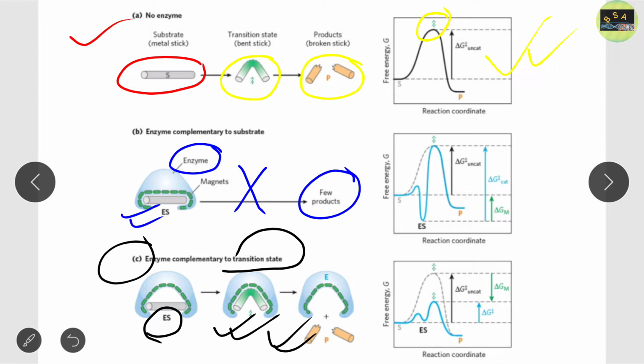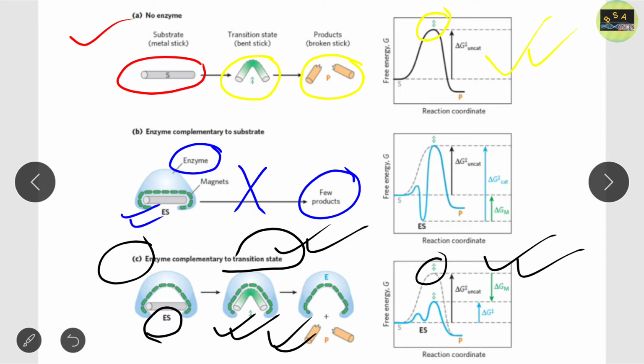Remember this, note it down: maximal binding energy is released when an enzyme facilitates the formation of the transition state, and this is only possible when the enzyme is complementary to the transition state.